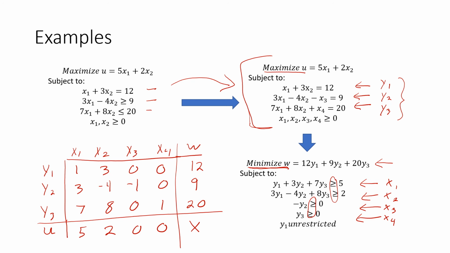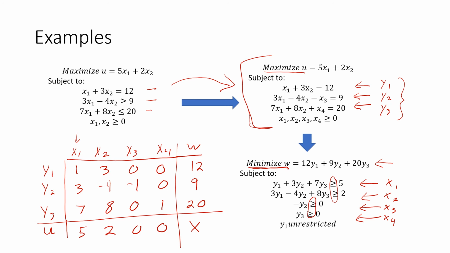So now, what do we have? The rows of this represent our original constraints. If we start reading down the columns, we get what is going into our dual. So our first constraint is 1y1 plus 3y2 plus 7y3 is greater than or equal to 5. So you can just read it off. All the way along, you get one for each of your 4 constraints.